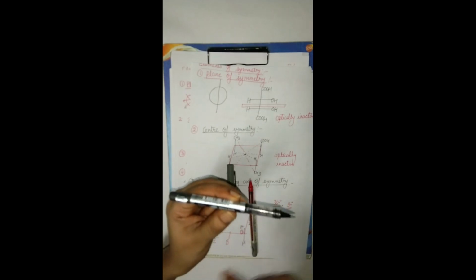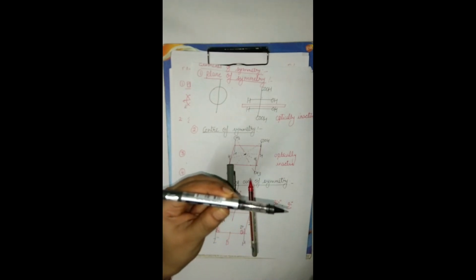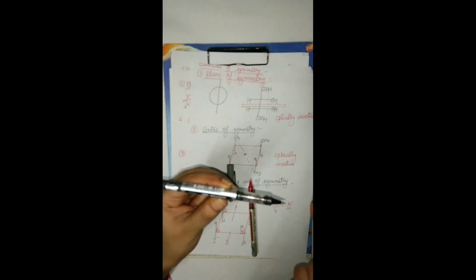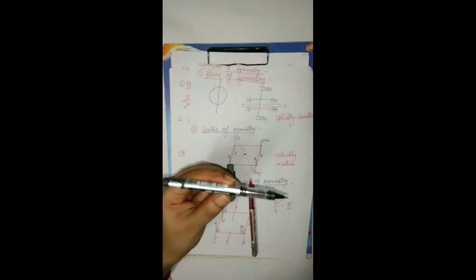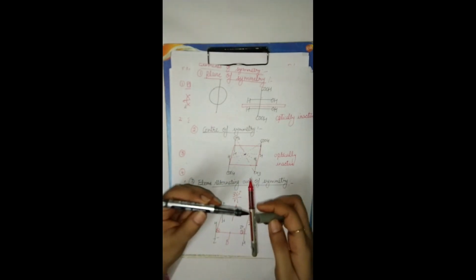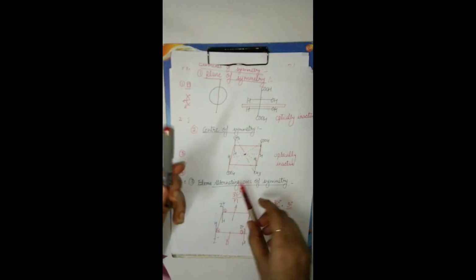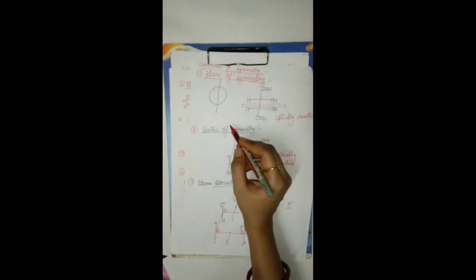If there is this type of alternating axis of symmetry, then the compound may be optically inactive. If a compound has a plane of symmetry, center of symmetry and alternating axis of symmetry, then you will always remember the compound becomes optically inactive.